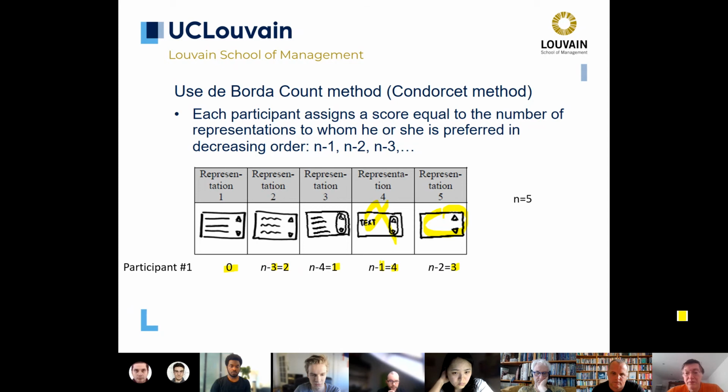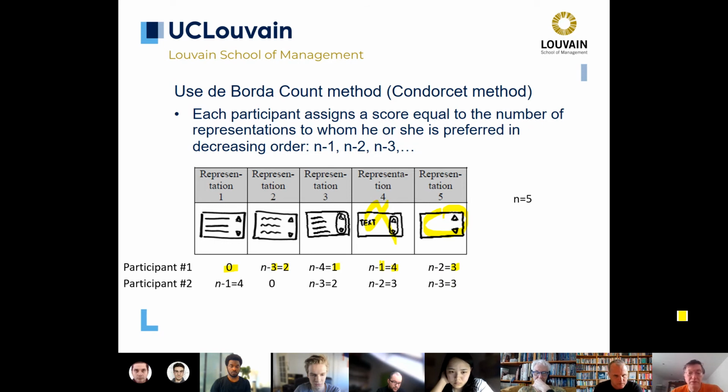So the Borda method is just that you assign a score that is highest for the most preferred one, and then by decreasing order, for instance, 5, 4, 3, 2, 1, or 4, 3, 2, 1, and then 0. That's for the first one.